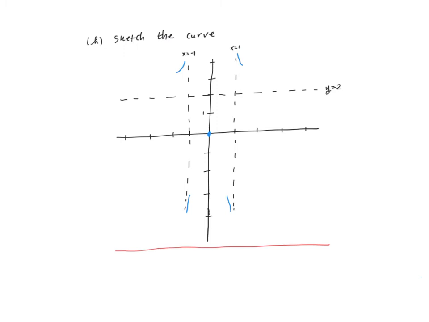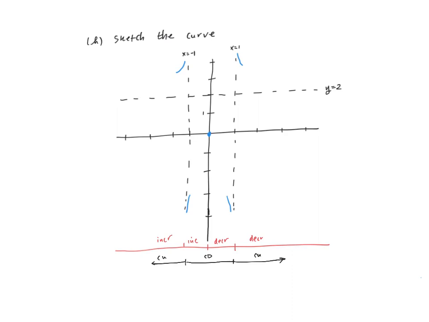What we saw from our previous observations is that we are decreasing when we are to the right of 0, and we are increasing when we are to the left of 0. Similarly, we saw that we are concave down from -1 to 1 and concave upward as we go to the left of -1 or the right of 1.